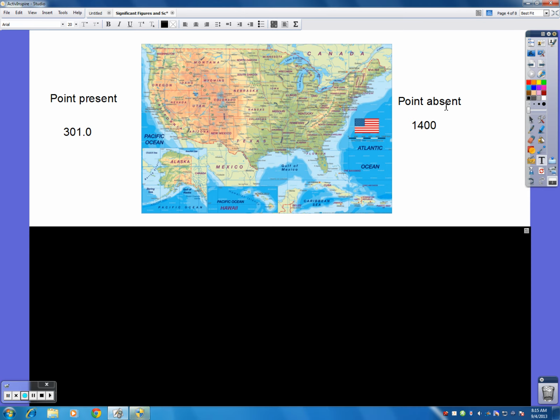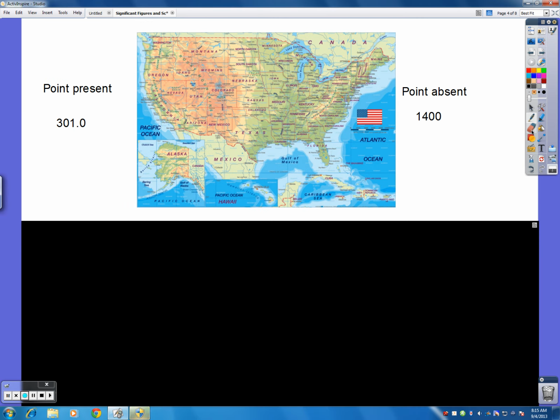absent. So the way this works is on your number, if you have a decimal point present, then you're facing this way or to the right going across the United States. And so all numbers to the right of the leftmost non-zero number are significant.